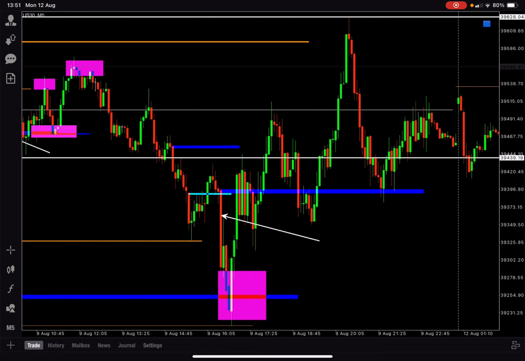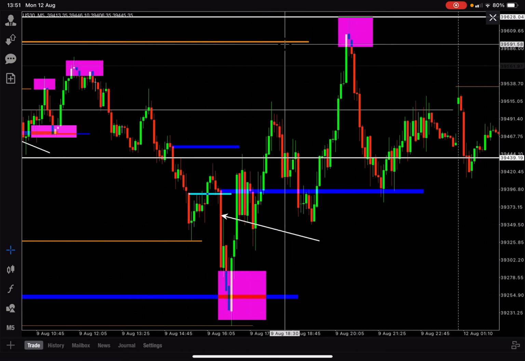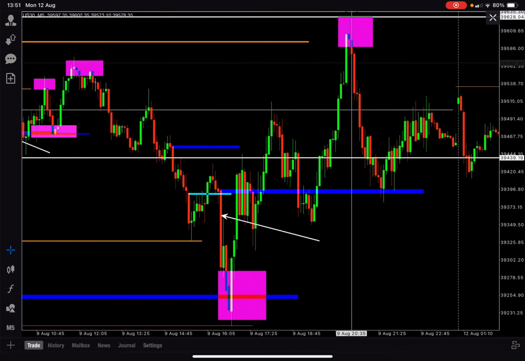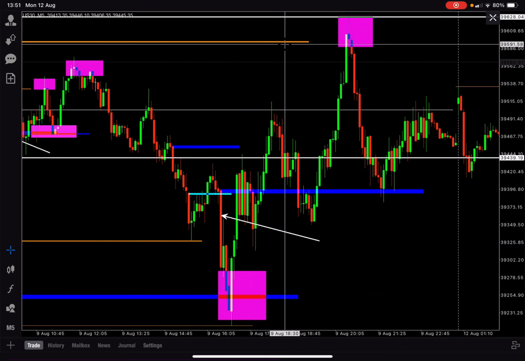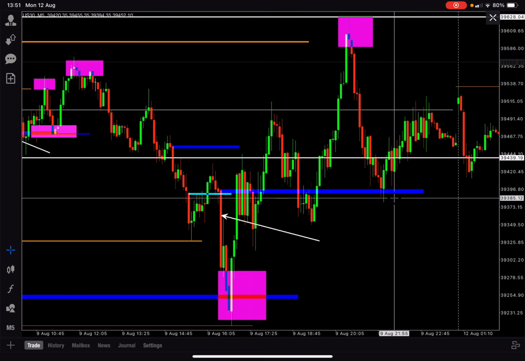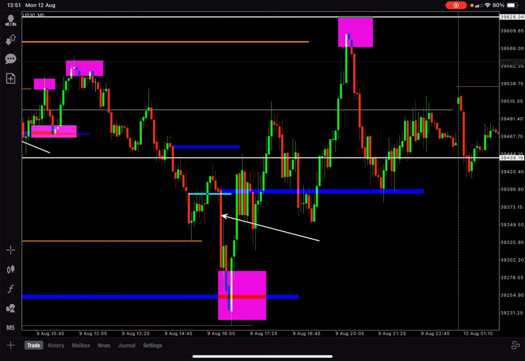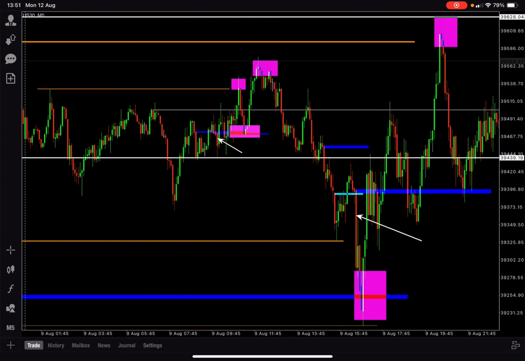Let's say you got into that move first because it closed the gap too. So this line here was the gap. This was Monday's high. So this push up closed the gap, took the liquidity from Monday's high. Then you could have seen that as a downwards move back to the New York opening. So they were the two main moves within that price action.